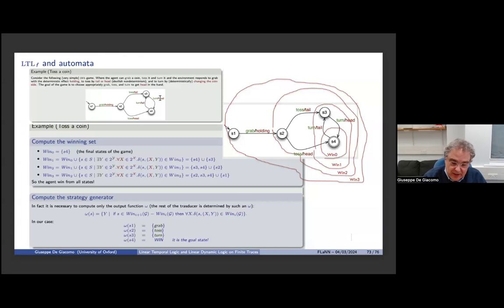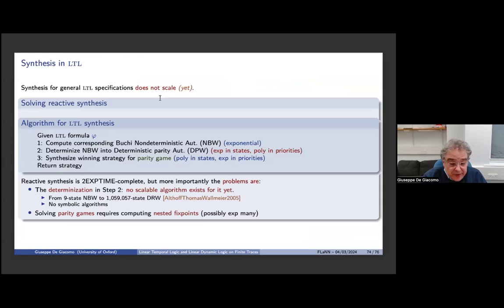Okay, here is a little example. This has to be compared to what happens with LTL synthesis. We know that LTL model checking works fantastically well, but synthesis doesn't work that well. Why? There is a very precise reason: in order to work with synthesis, you need to have a deterministic automaton.